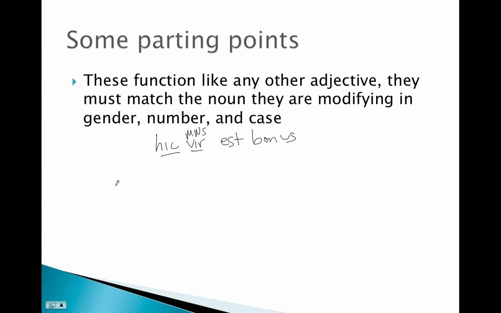But if I say, I saw that girl, vidi puellam hanc, so I've got an accusative feminine singular, I'm going to have to use the accusative feminine singular form of hanc.